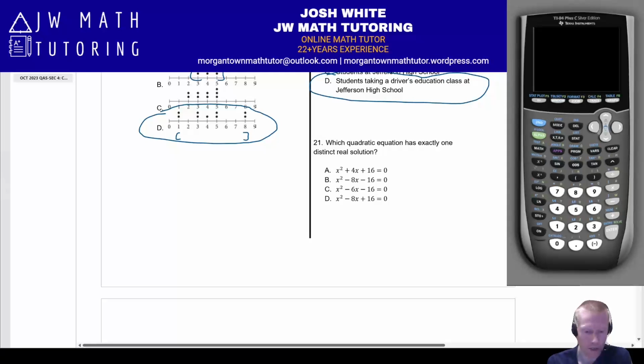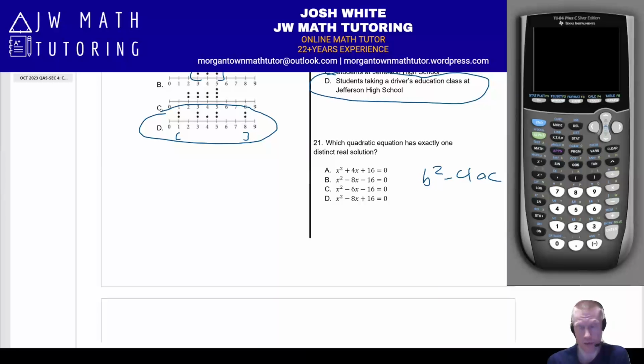All right, in 21, here you have a quadratic equation, and they want to know which one has one distinct real solution. There are multiple ways you could do this. One method is to check the discriminant, which is the b squared minus 4ac part of the quadratic formula.